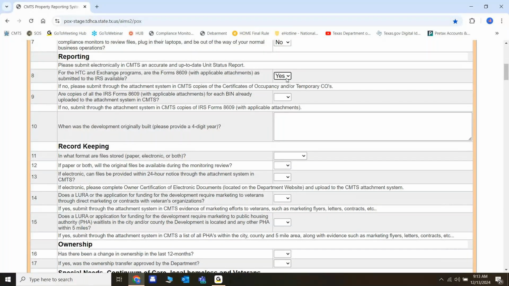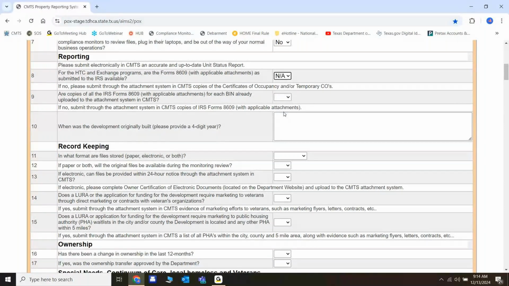If the answer is no, please make sure you submit into the CMTS copies of your certificates of occupancy or temporary COs, because we need a place in service date. That's how we determine your income limits. So we need to know when you placed in service, and that date is the certificate of occupancy or the temporary COs. Sometimes you haven't gotten your 8609s from the department yet.